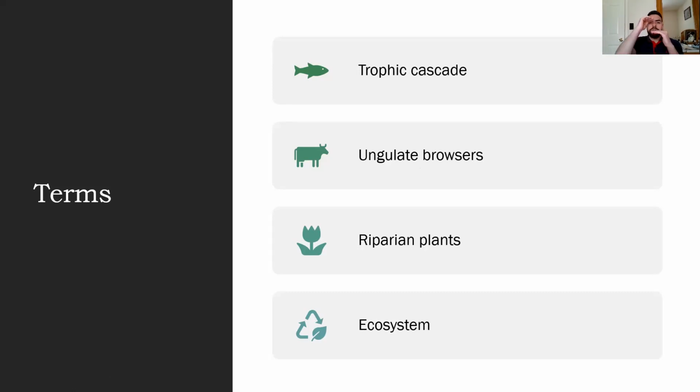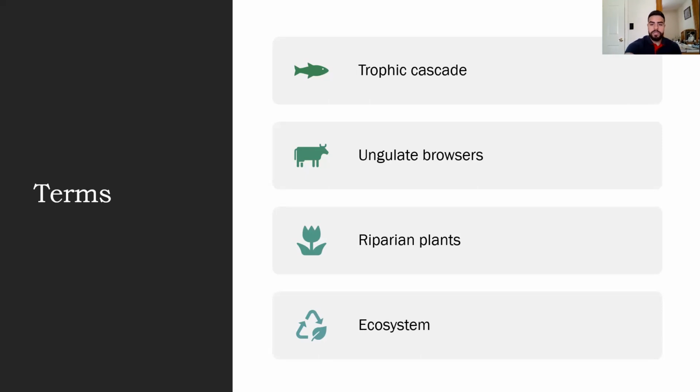So if you remove a predator from a food chain or food web, there's a domino effect down that food chain. If you remove the top predator, whatever is under it is going to increase in population, and when that happens, everything under that is going to decrease due to the overpopulation of the level above. This shows how everything is interconnected, and like I mentioned, it's going to be very important in this presentation.